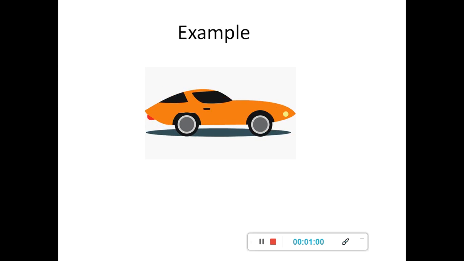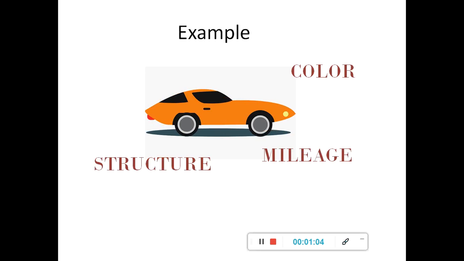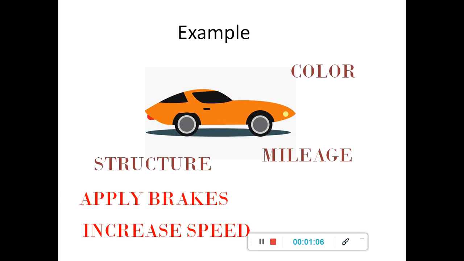Now let's see, if you can recollect the example of a car, which has a certain set of member variables or properties called color, mileage, structure, and apply brakes and increase speed were the methods, or we call them member functions.